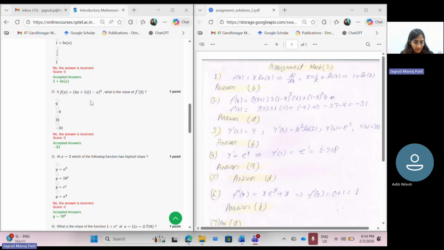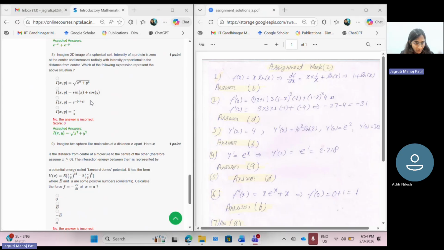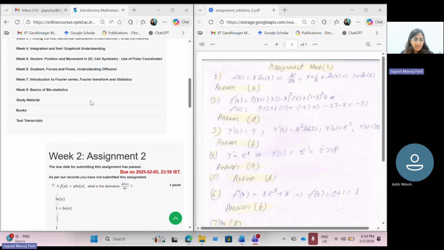But if you don't want to, I can simply do it on my tablet itself.